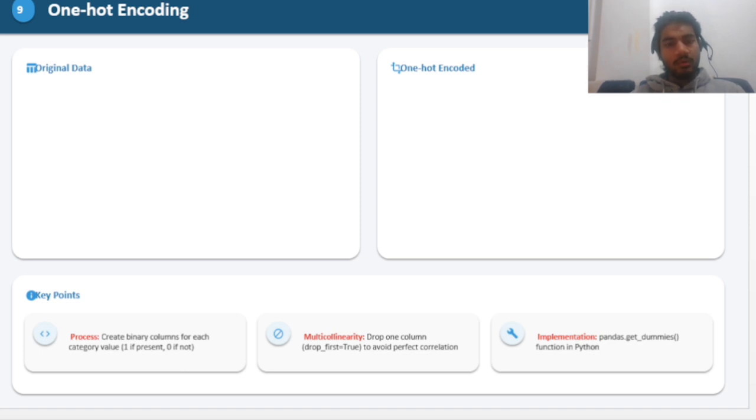The final one hot code table becomes apple 100, mango 010, orange 001. This technique is used in machine learning when dealing with categorical variables. It helps the model understand categories without assuming any numerical order. So this is all about one hot encoding.